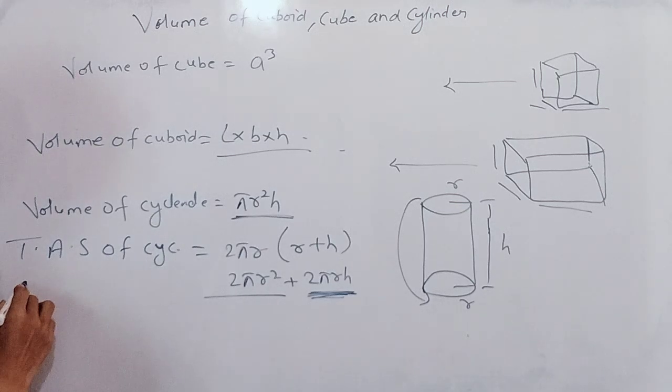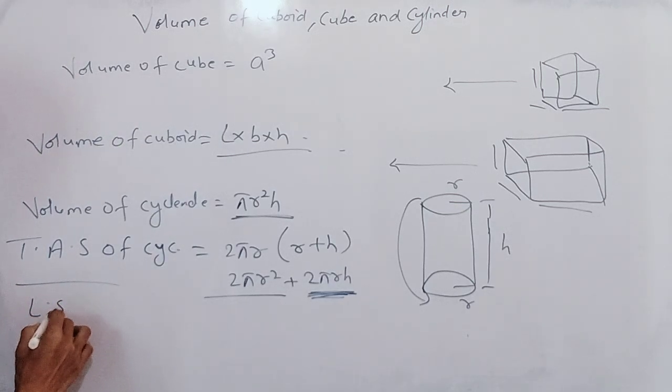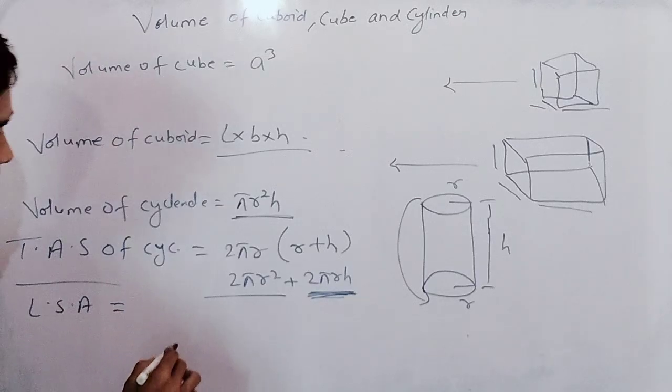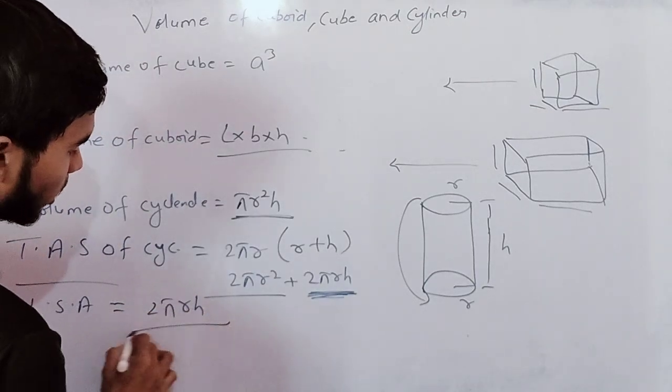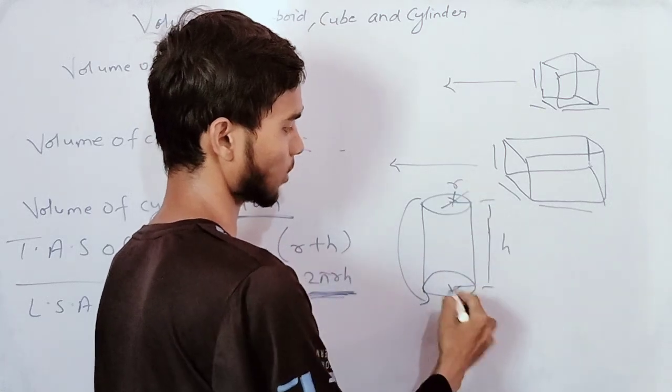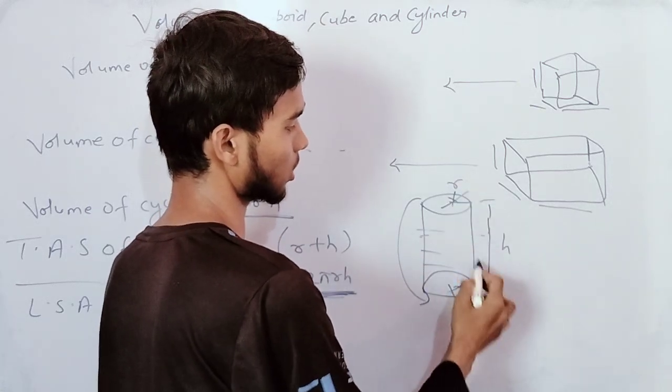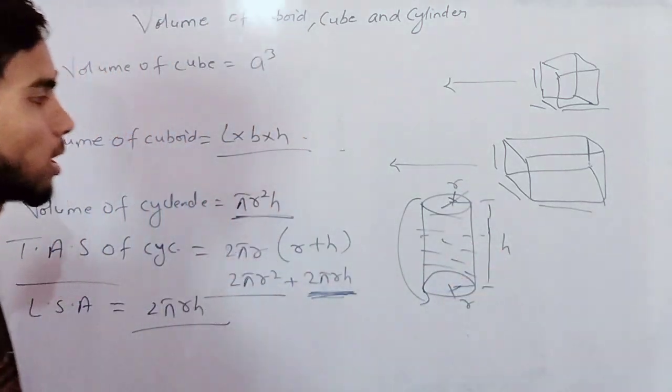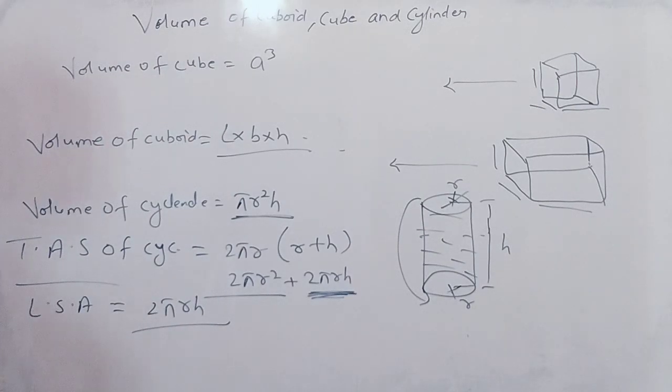But here the lateral surface area of this would be 2 pi r h. We avoid this, only this. Okay, this is known as lateral surface. So of course this would be 2 pi r h.